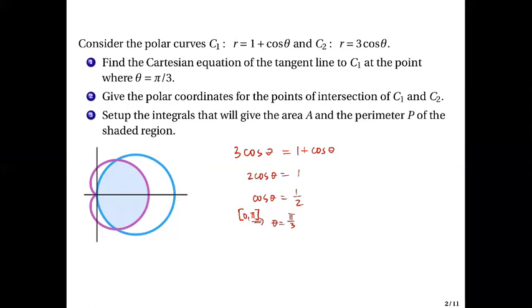And we will see that on the interval pi to 2 pi, we will obtain this point here. We will have theta equals 5 pi over 3.